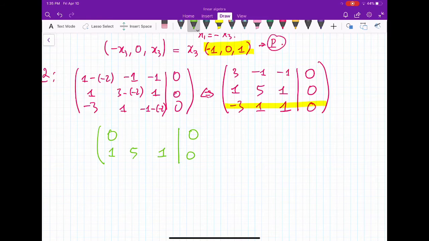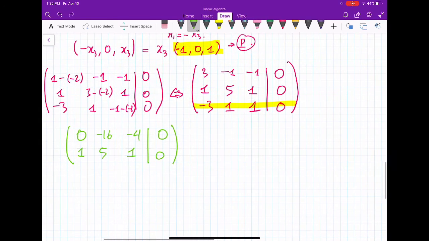And here I have 0. With 5, with -3 is -15, minus 1 is -16, 1, -3, and here I have -4, right? Now I can divide the first row by -4.